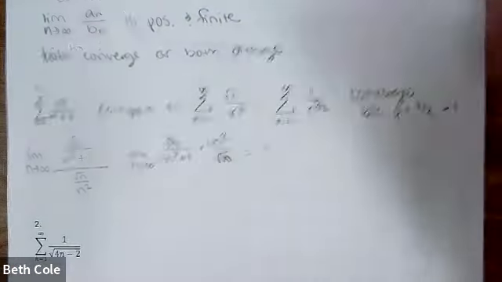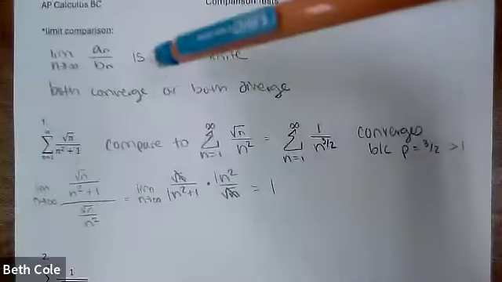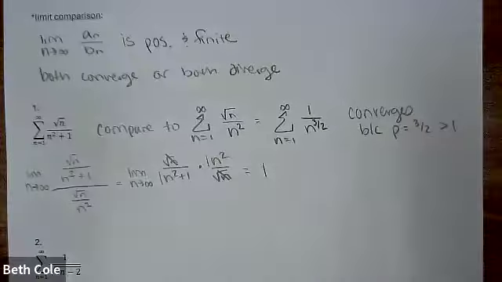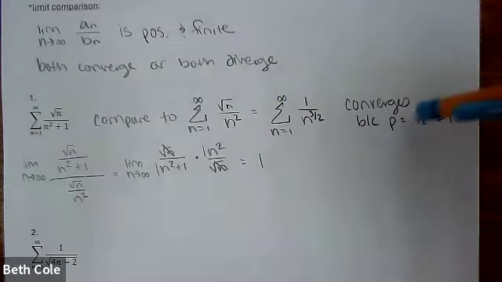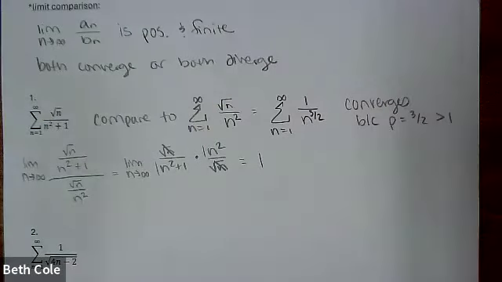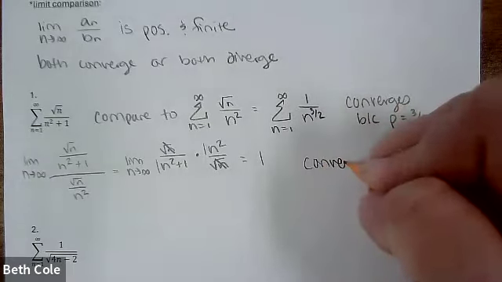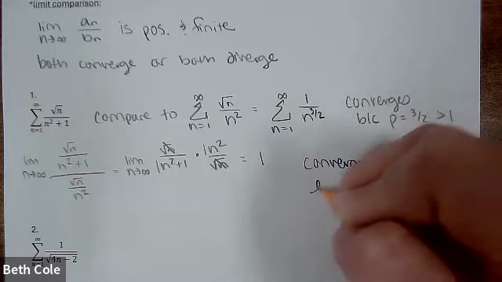And so this whole limit comes out to be 1, which is positive and finite. So what we get to say is, since the one we compared to converges, this original one also converges. So we're going to say converges by limit comparison.